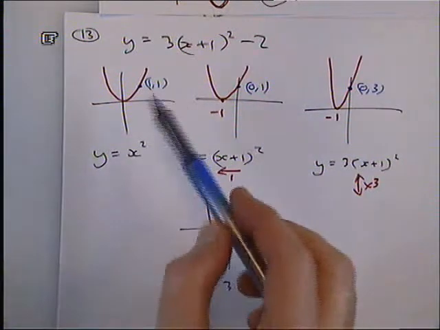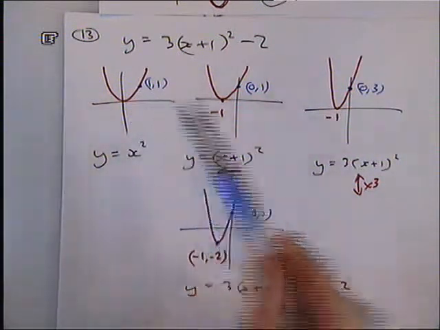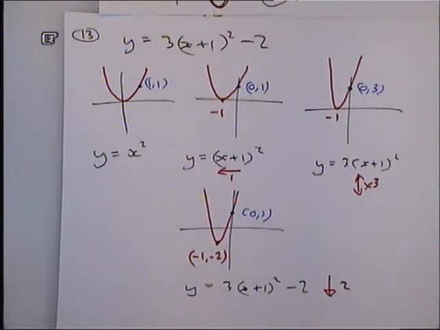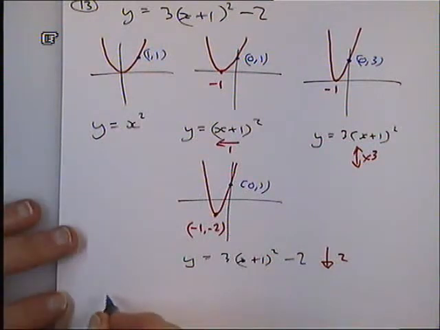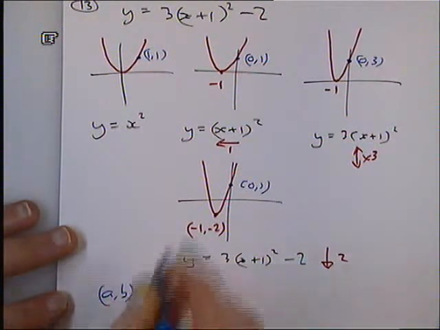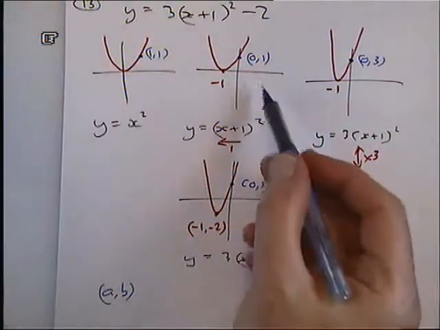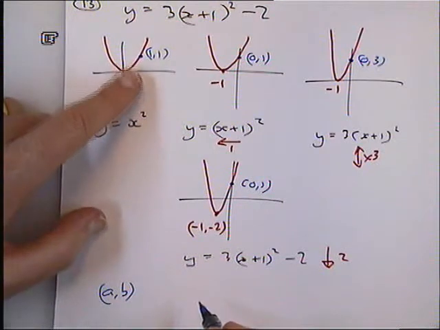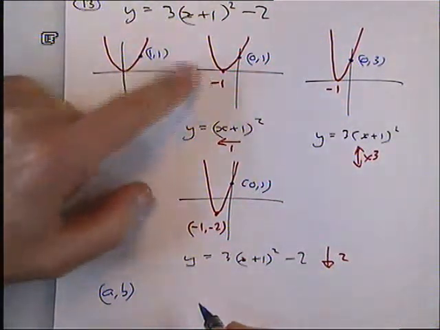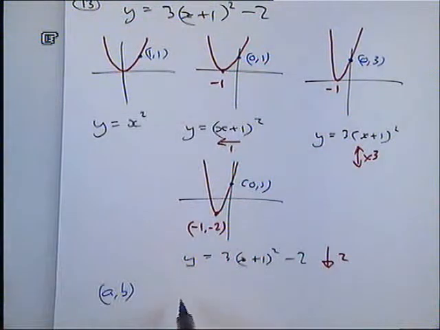And if they give you, for example, the point (a, b), you can work out where (a, b) has ended up. Corey, you may not be able to answer with your graphics calculator. If you started out with the point (a, b) on that graph, where would it be on this graph? Talk about a general point (a, b).